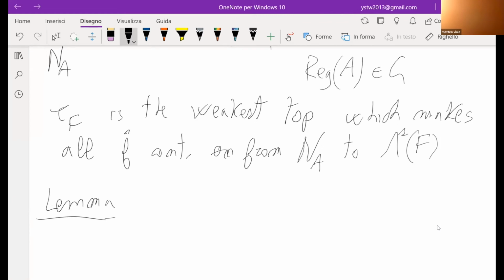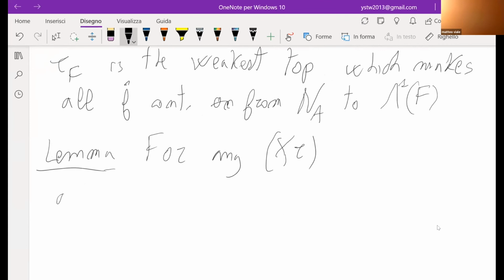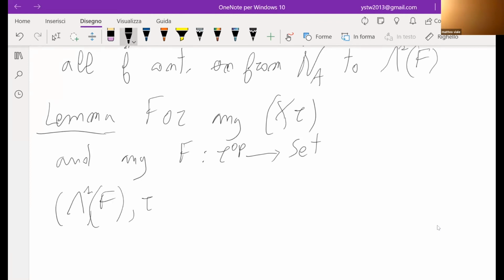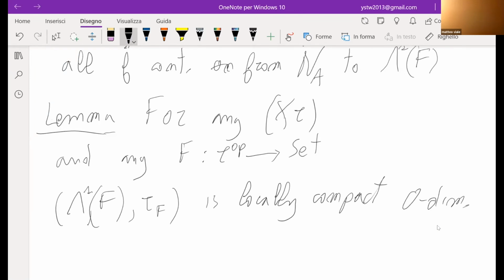Actually, for any X, tau and any F from tau up to Set, we get that lambda 1 F with tau F is locally compact zero-dimensional Hausdorff.